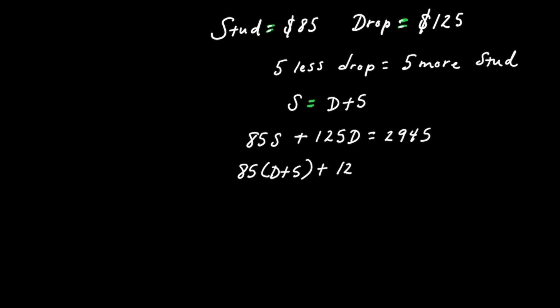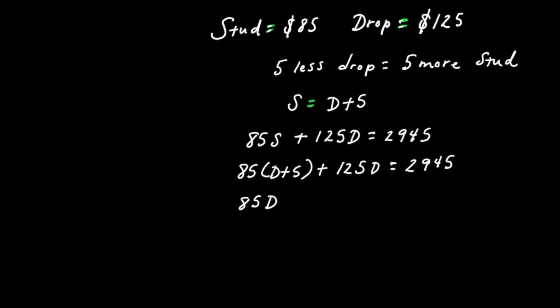Okay. Now, because we're using substitution, we're going to plug in D plus 5 for S. So we have 85 times (D plus 5) plus 125D equals 2,945.